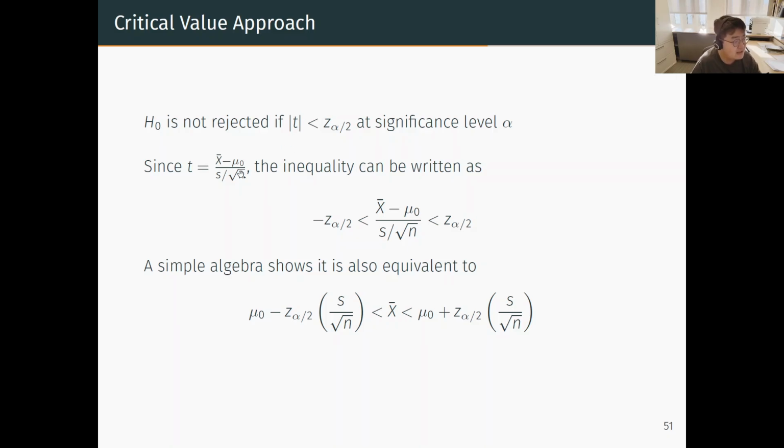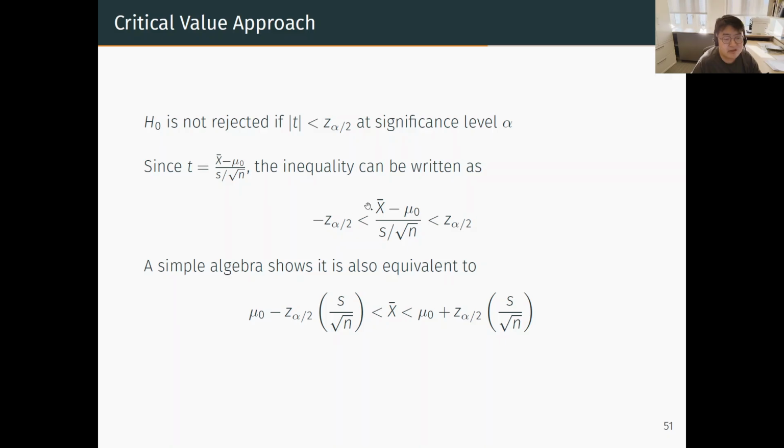We know the t-statistic is calculated this way. So replace t with the formula, and the absolute value is replaced by plus or minus z alpha over 2. This is the t-statistic based decision rule.